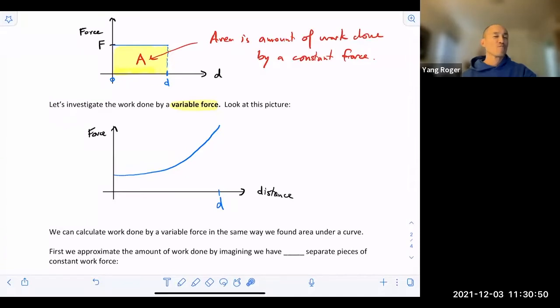I'm not sure if you can predict where this is going, but what we are going to do is approximate the area under this curve using area of rectangles. So we're going to chop this interval from 0 to d up into n pieces.